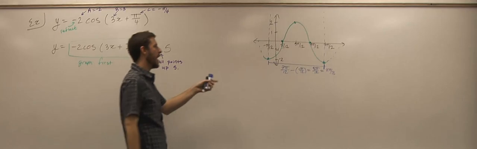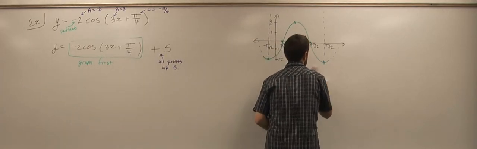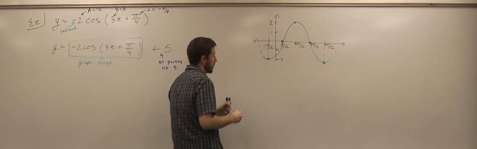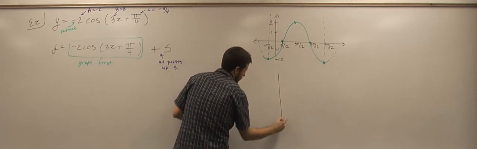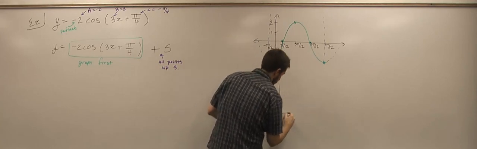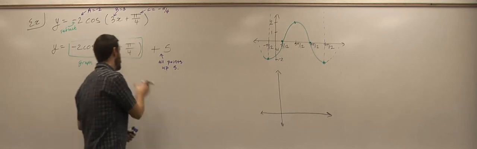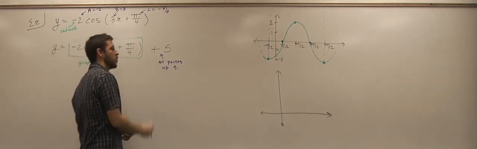So if I wanted to graph this function with the plus 5 out on the end, let me do it underneath here. All my x values will remain the same. All this changes is y values.